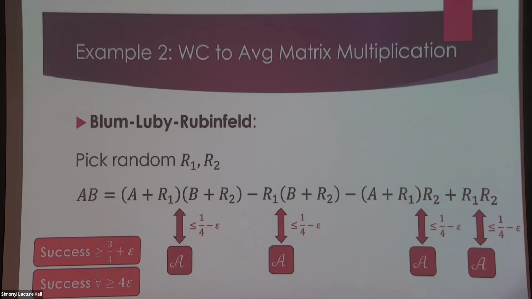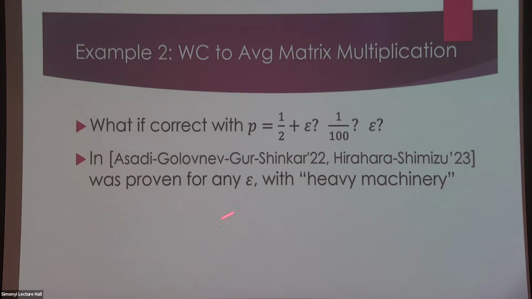But now we have a problem with this reduction, which is that it is not clear at all that this 3/4 is necessary. It was necessary because of the dependencies, but it's completely not clear that it should be there. Why not half? And why not 1 over 100? Why not just the success probability epsilon? And so on. And people for a long time thought about that.